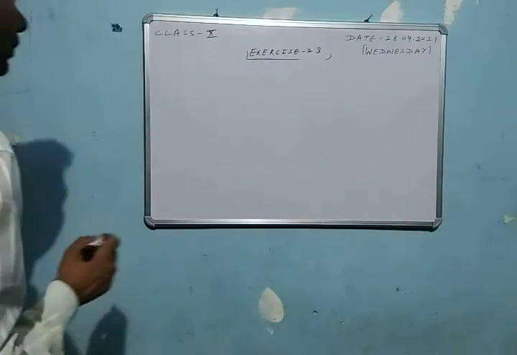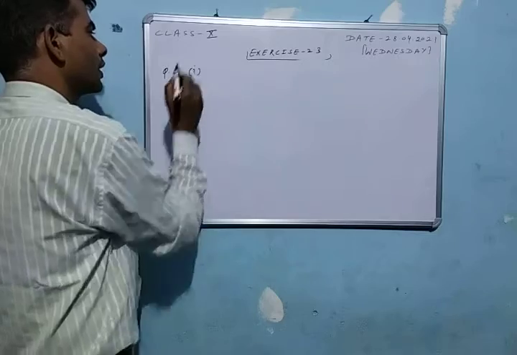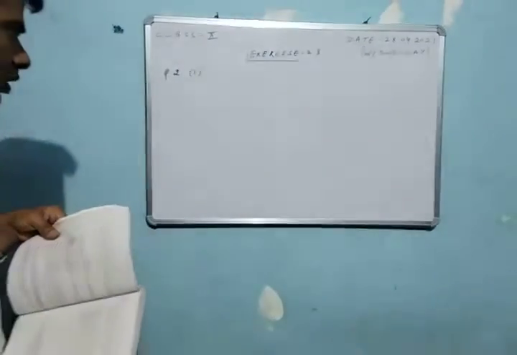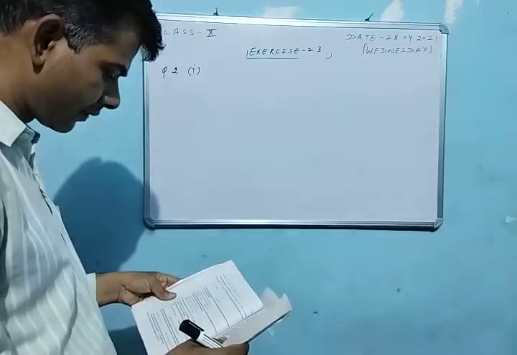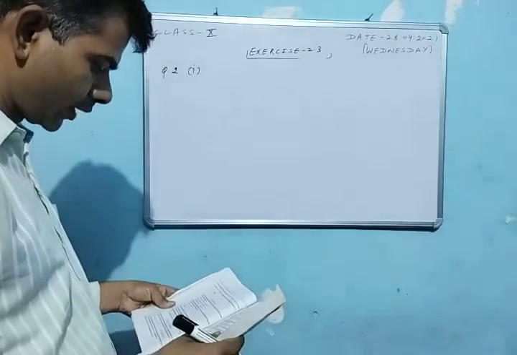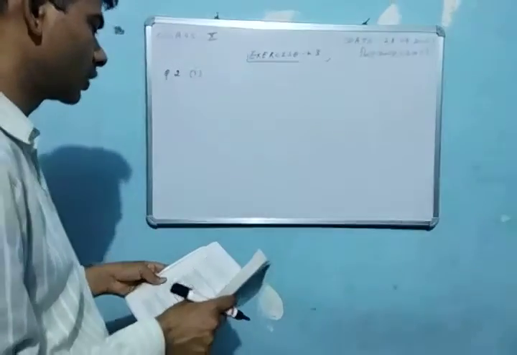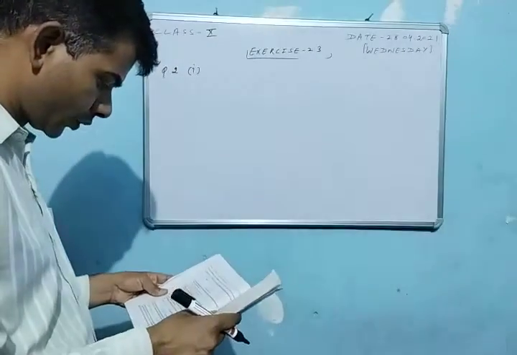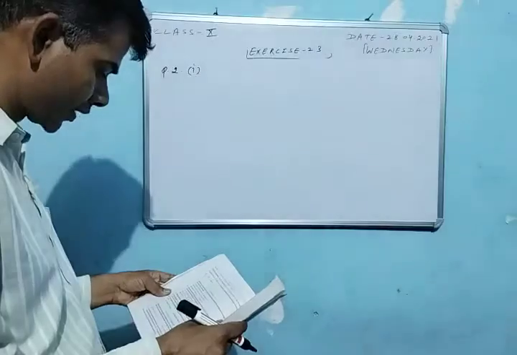Students, question number 2, first part. First of all, read the question properly. Check whether the first polynomial is a factor of the second polynomial by dividing the second polynomial by the first polynomial. Students, you have to divide the second polynomial by the first polynomial.